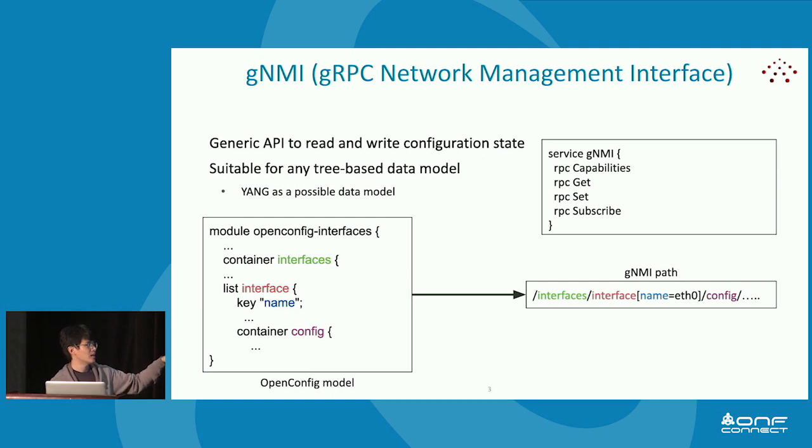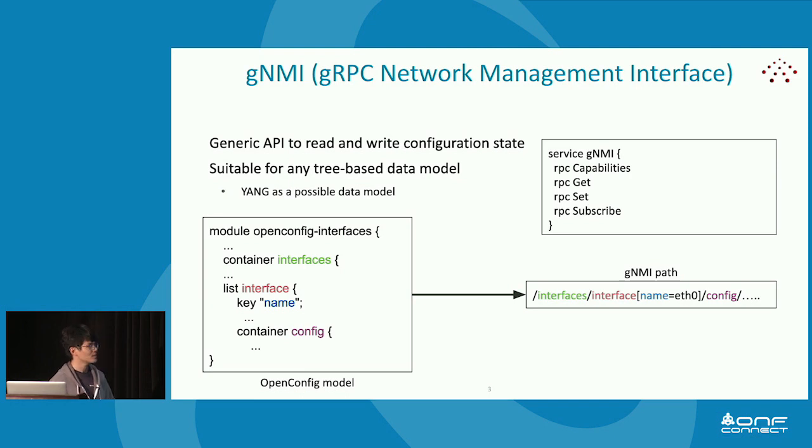And how do we use the models in gNMI? First you have, for example, a YANG model or another model language you define. You can get things like OpenConfig interfaces, where there's a container called interfaces. There's a list of interface with key name, and there's a container in there, config. In the container, maybe there are different things like port enable or port disable.